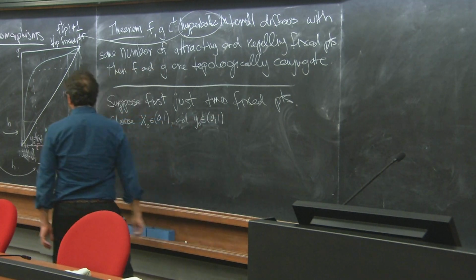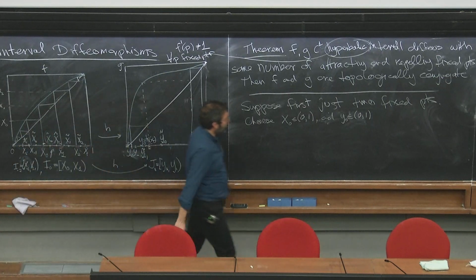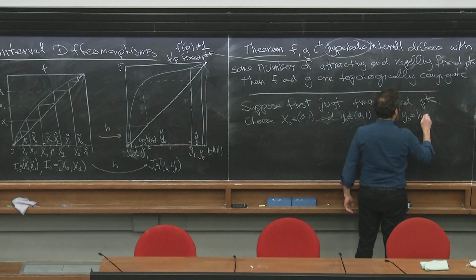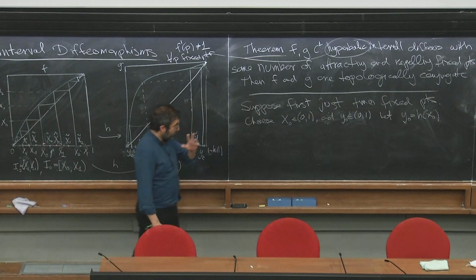So we started by choosing two arbitrary points, x0 and y0 in 0, 1. And then we defined h in this way, at that point.